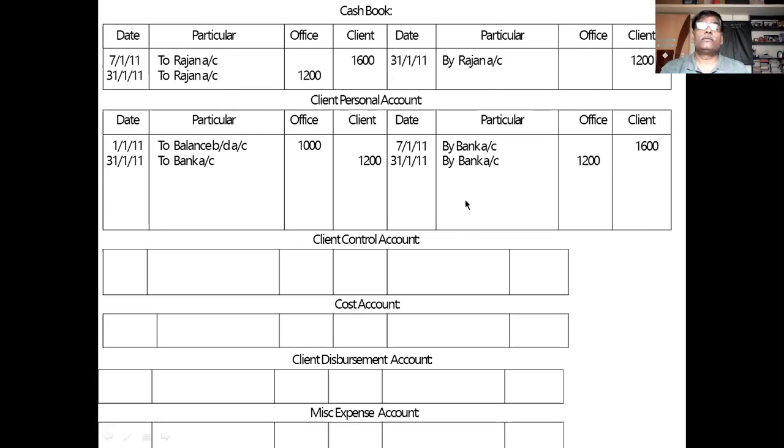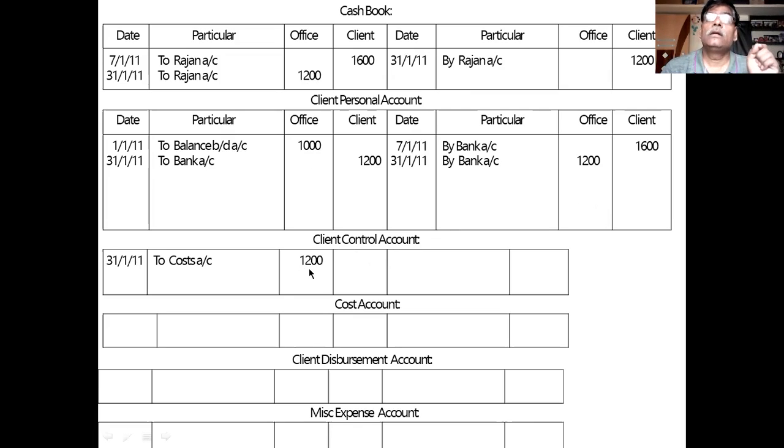Once the fee receipt is entered, then you have to go for the client control account. In the client control account, on the debit side, you write the fee received and disbursement. On the debit side, one is the cost account. Cost is 1200.